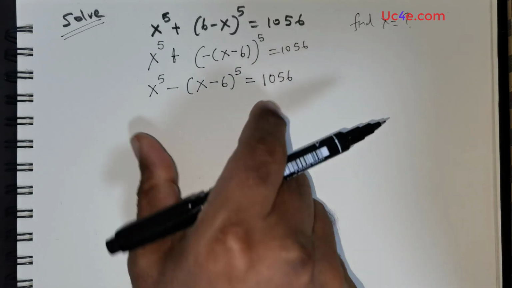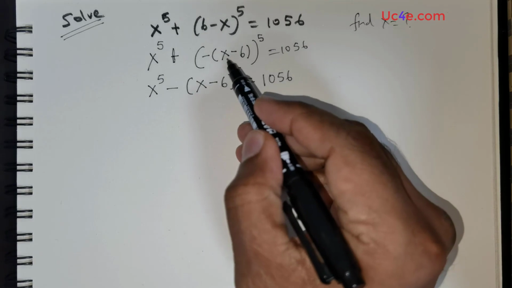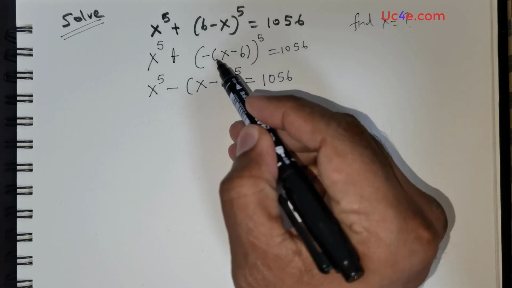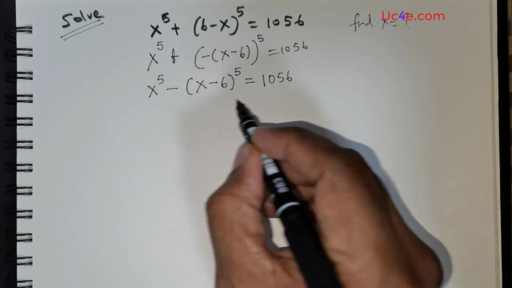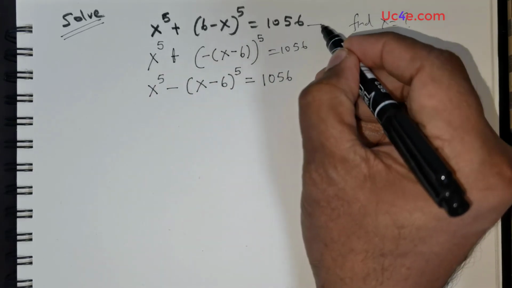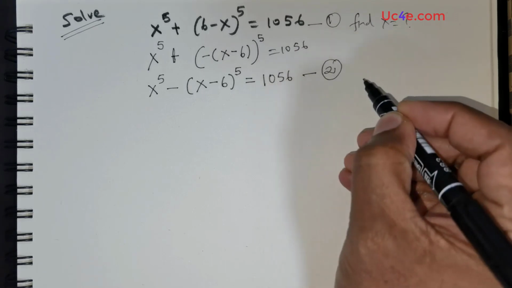So this is the first manipulation that we have done, all because we were able to take a negative sign out, and with simple algebra we were able to get this. If I write this as 1, this is my new equation.